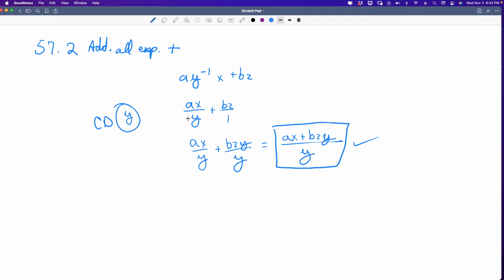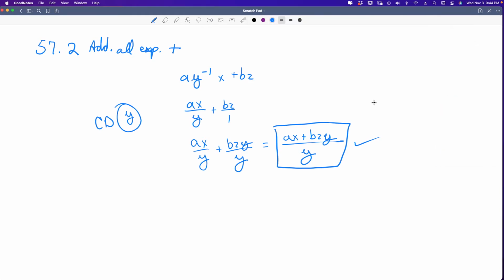I didn't have to do anything to this because y was already the denominator in this one. But I multiplied bz and 1 times y and got bz over y. Then I was able to combine them and just say ax plus bzy, put it all over y, we were done. Easy peasy.